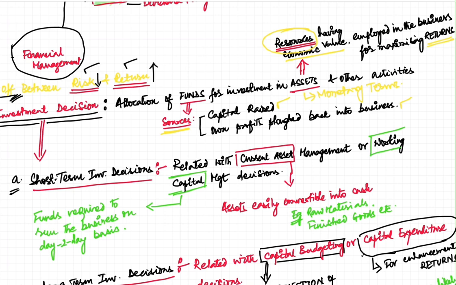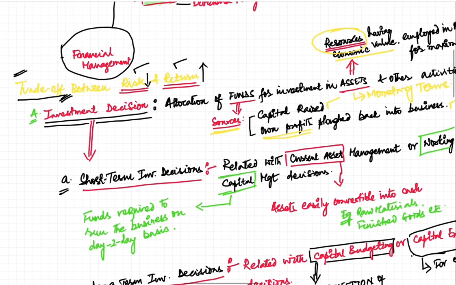Either you raise capital from the market by issuing shares, debentures, bonds, or you take loans, or you put your own profits back into the business. Whatever decisions you take in the purview of allocation of funds for investment in assets is what we call investment decisions.